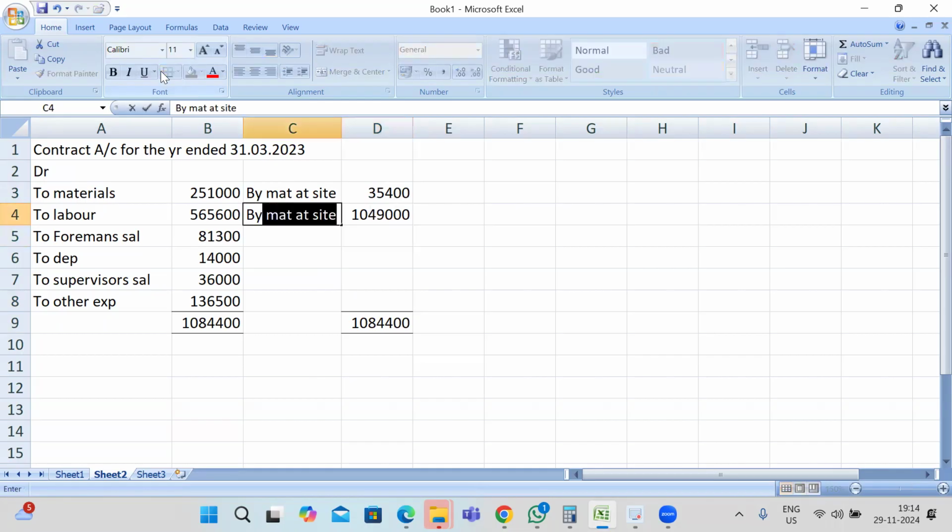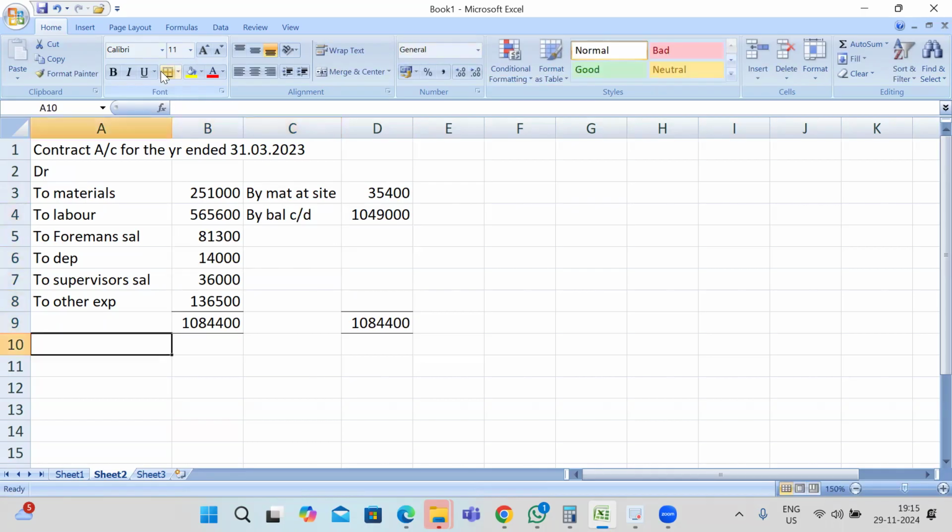So this is by balance carry down. This is the cost of construction of this contract. So then to balance drawdown, 10,49,000. So now we have to calculate work in progress, everything we need to calculate, that is work certified, everything.